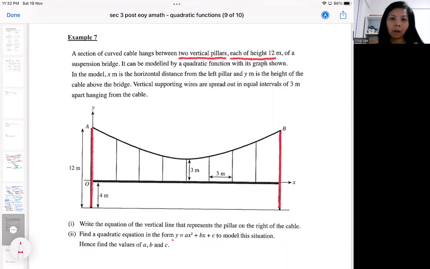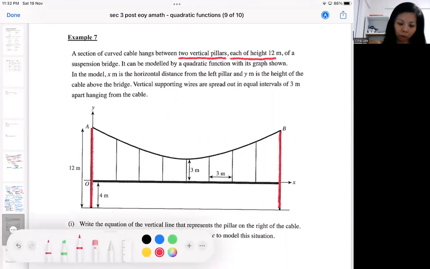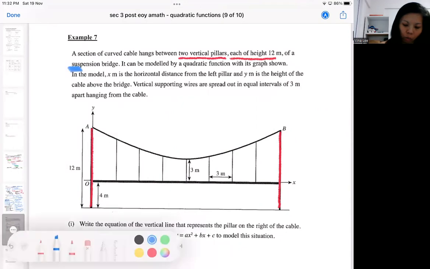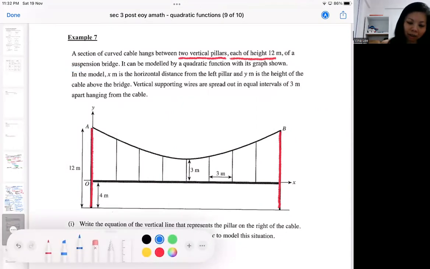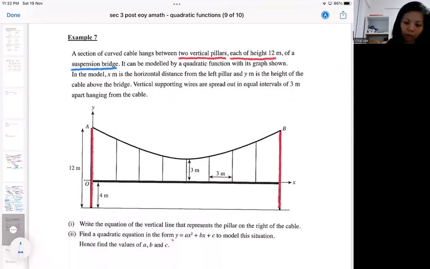And then they are going to model a suspension bridge using a quadratic function. If you didn't know which part is the suspension bridge, this is the bridge. So this part is going to be the bridge.